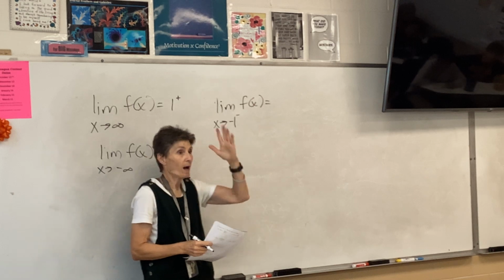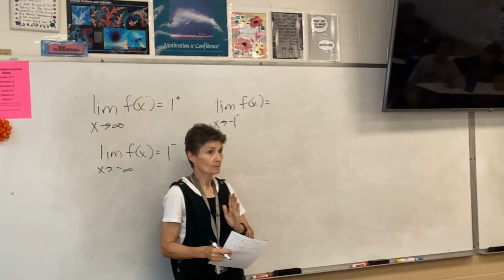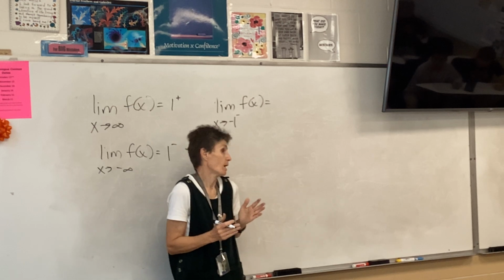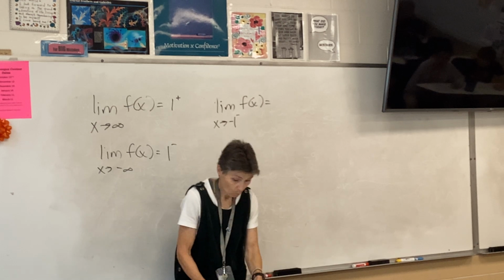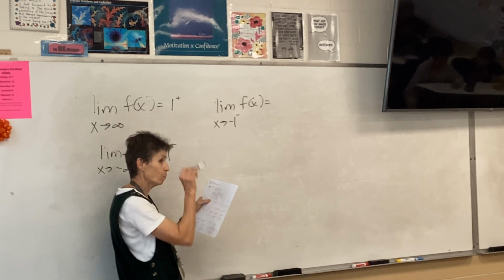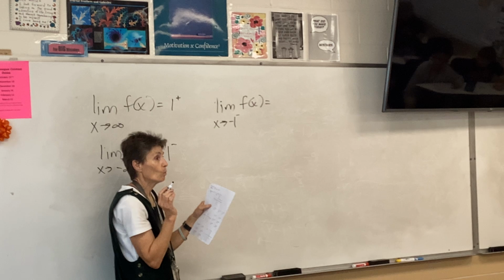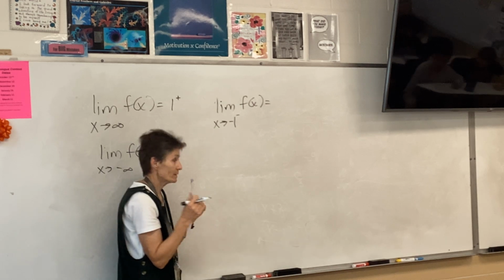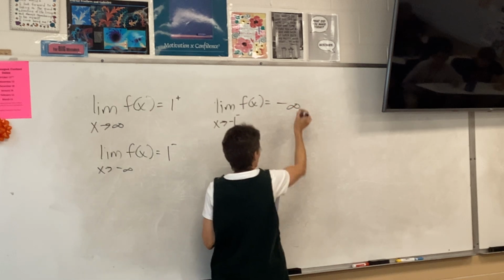Okay, so I'm -1. You can either come at me from the left or you can come at me from the right, right? So this says, what happens as you get closer to -1 from the left? What are your y's doing? Going down, negative infinity, that's exactly right.